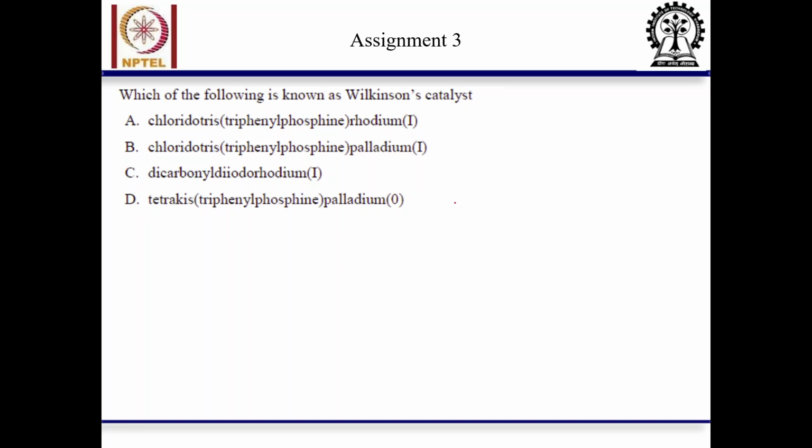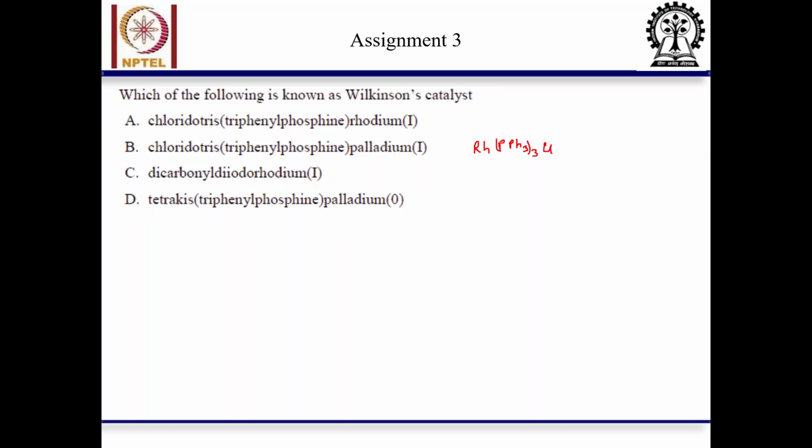Okay, so I will just tell you. This is your rhodium, RhPPh3 3Cl. Triphenylphosphine starts with T, so it will come later. Chlorido starts with C, so you have to write it first.